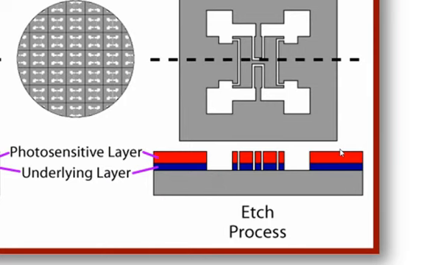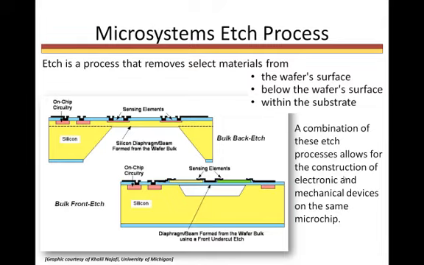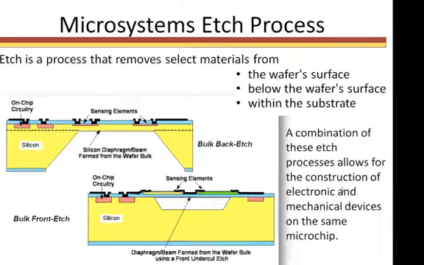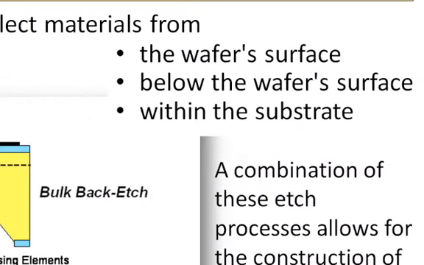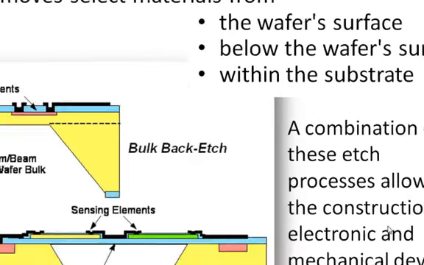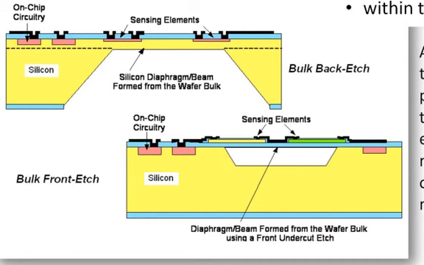or underlying layer. For microsystems fabrication, etch is a process that removes select materials from the wafer surface, below the wafer surface, or from within the substrate. In this graphic, we can see all three. Surface etching created the sensing elements and on-chip circuitry on the surface of the wafer.